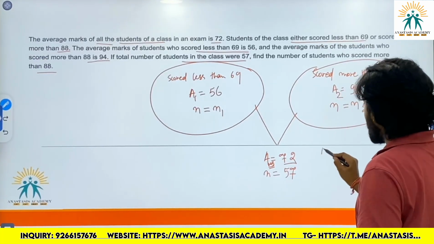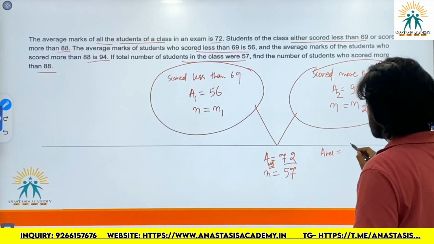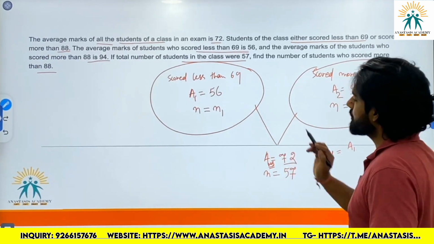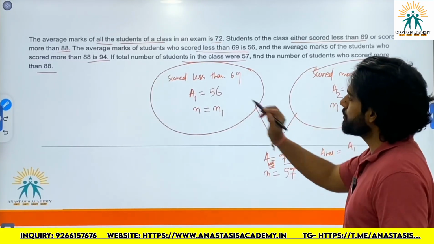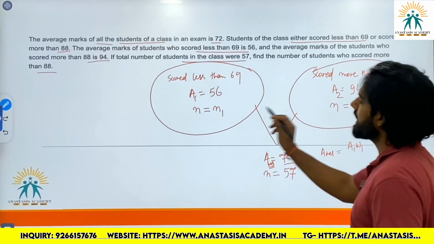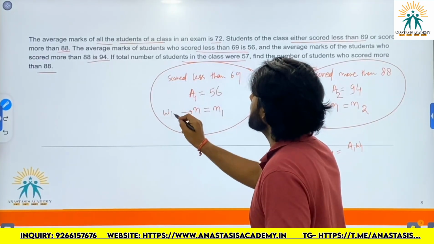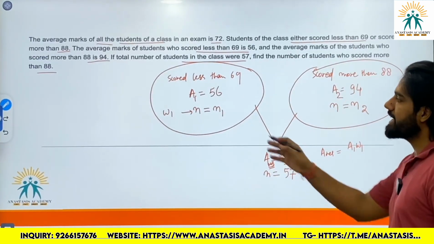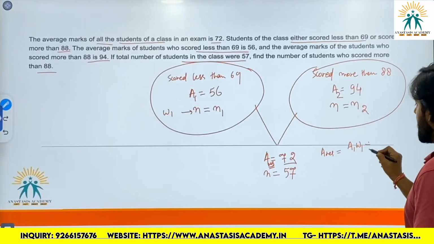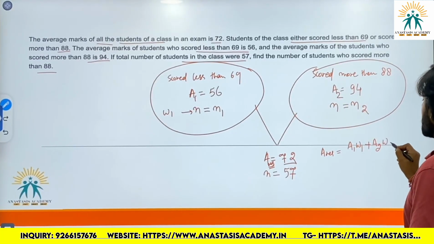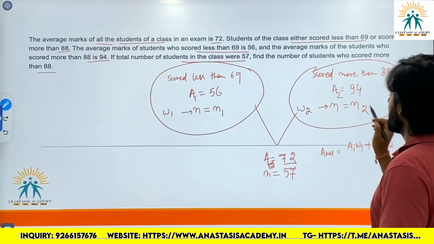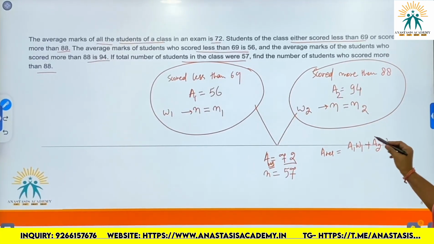Now it's a concept of weighted average. So the resultant average would be equal to A1 into W1, where W1 is the weight. Weight in this case is the number of students who scored less than 69, plus A2 into W2, where W2 is the number of students who scored more than 88.